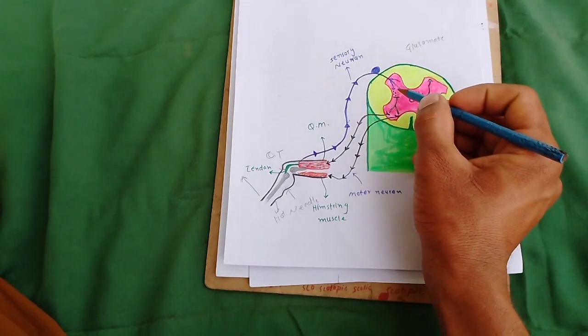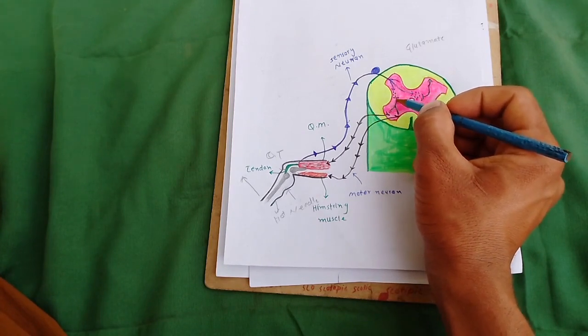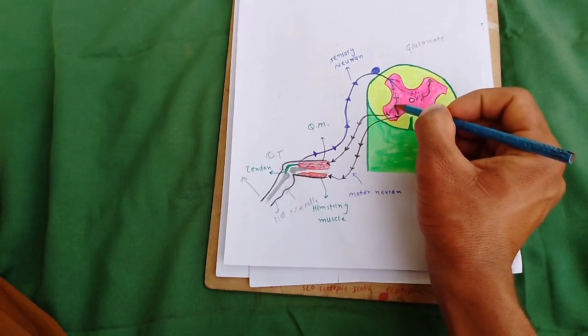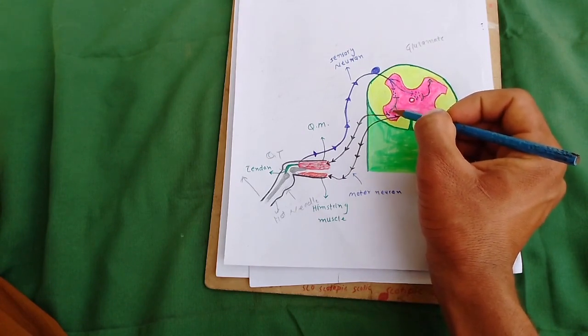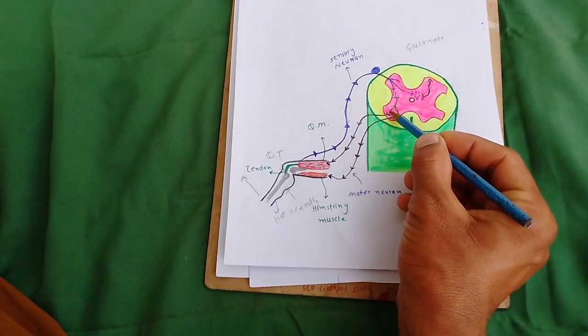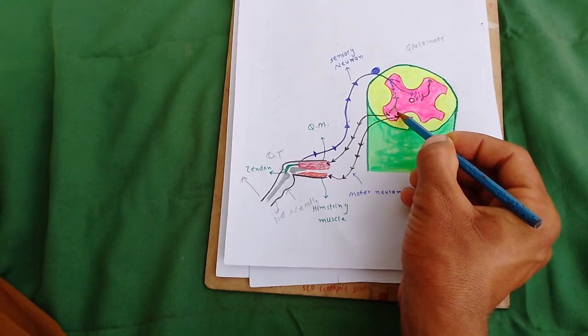It releases, suppose, glutamate. When glutamate is released, the enter neuron is stimulated here. Then the enter neuron again releases two types of neurotransmitter. This part releases an excitatory neurotransmitter, while this part releases an inhibitory neurotransmitter.